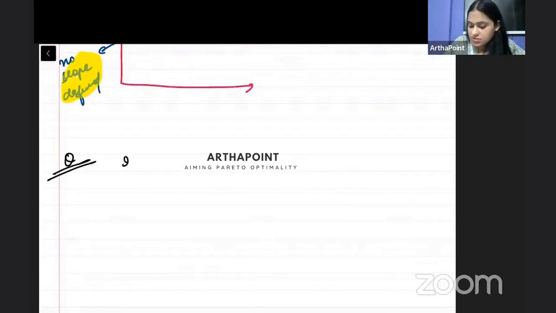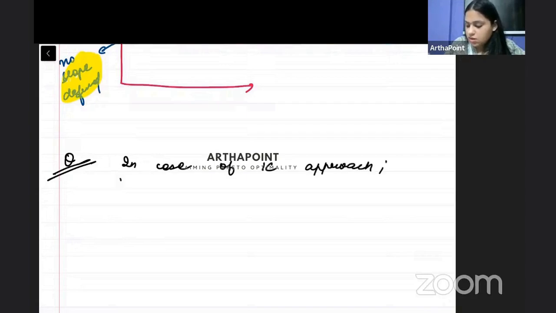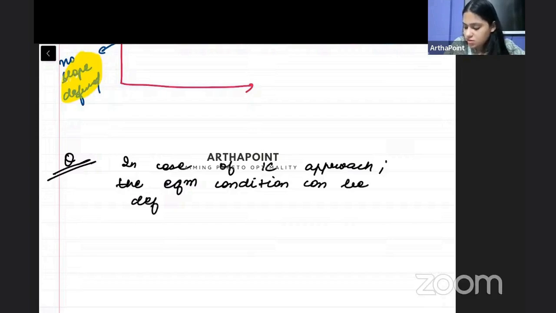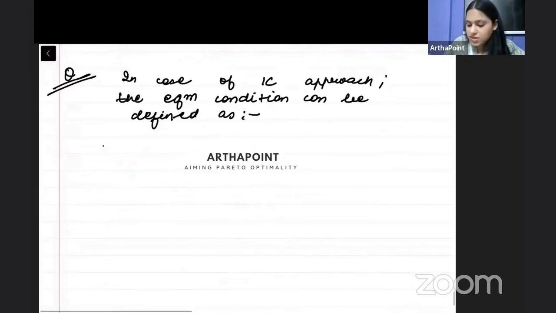In case of IC approach, the equilibrium condition can be defined as, the first one says slope of IC greater than price line slope.